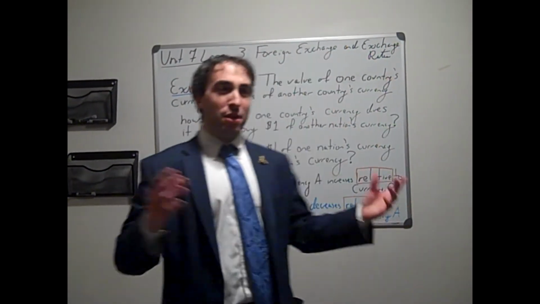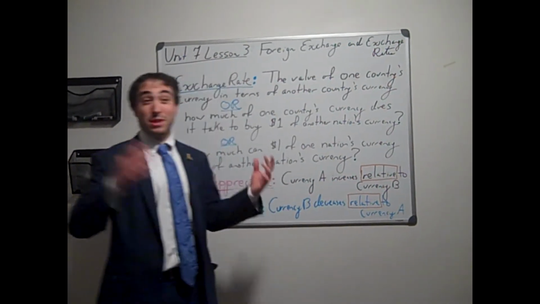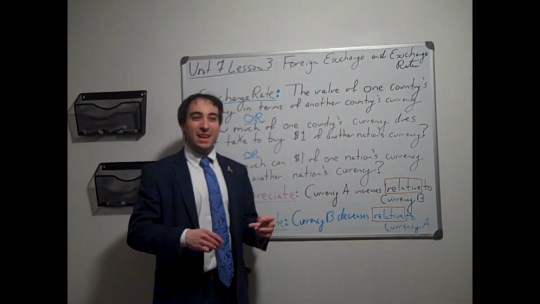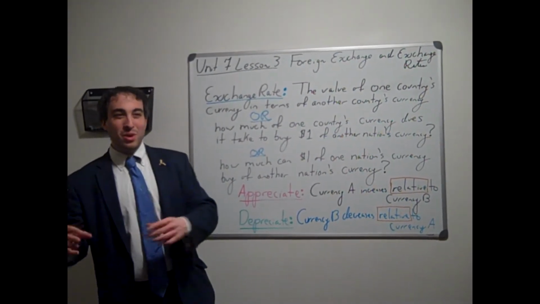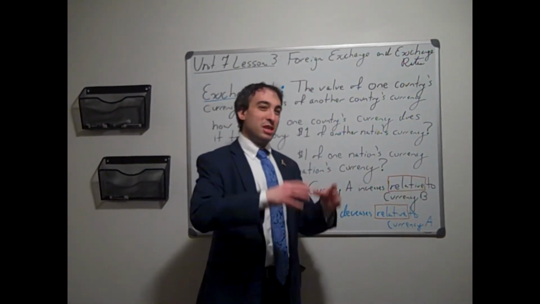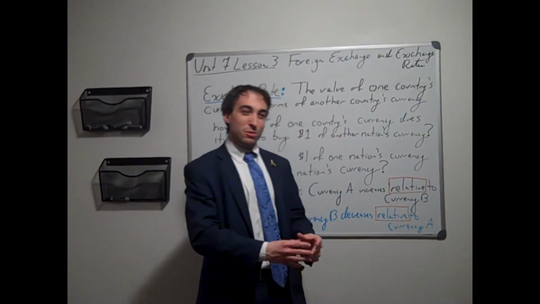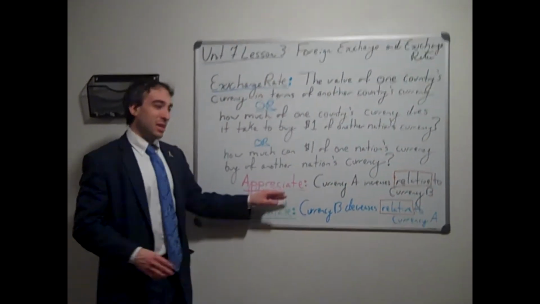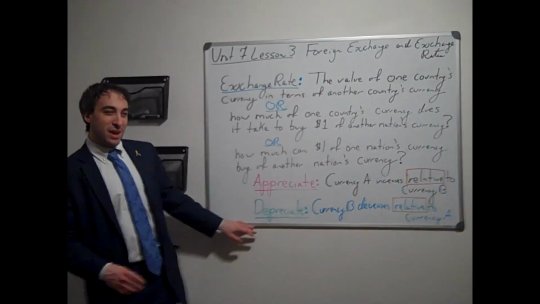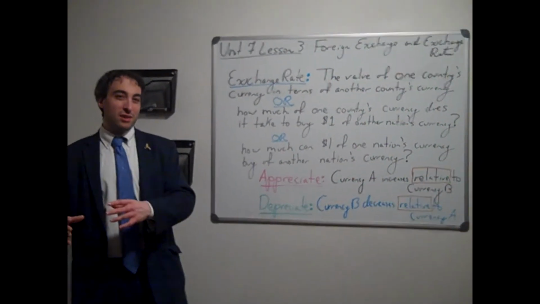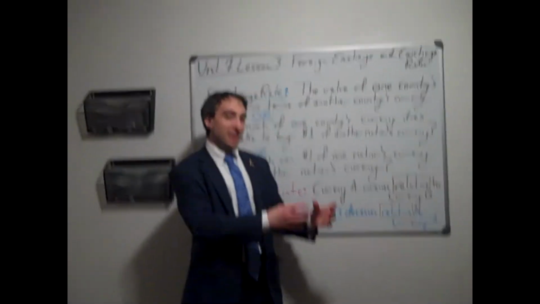So for example, many years ago, depending on when you're watching this video, it would take $2 American to buy 1 British pound sterling, which would mean that in terms of our key words, appreciate, greater value, depreciate, lesser value, it took more dollars to buy 1 pound sterling.